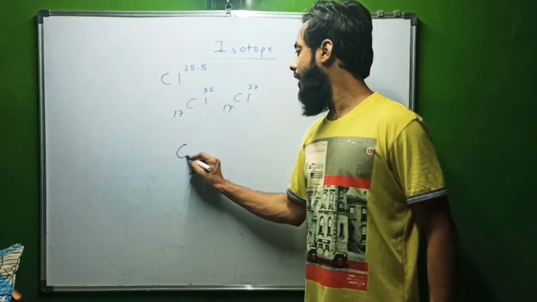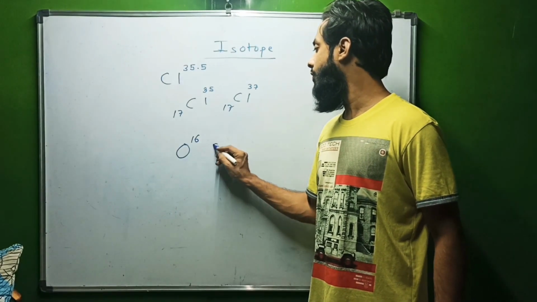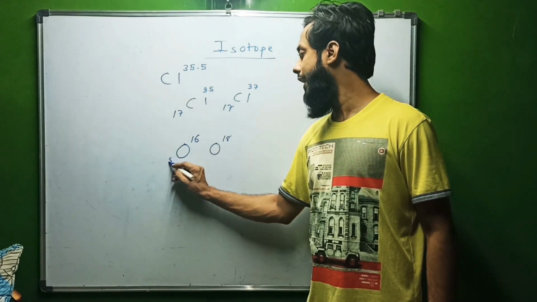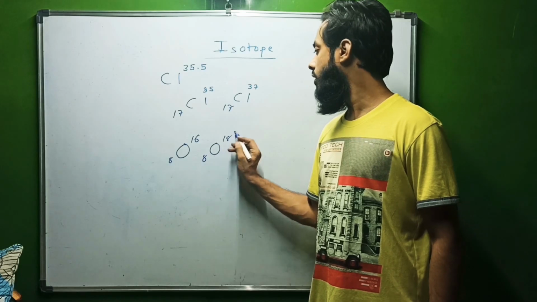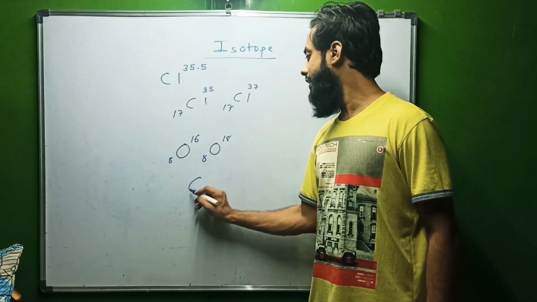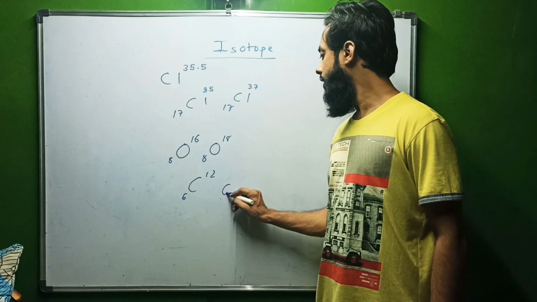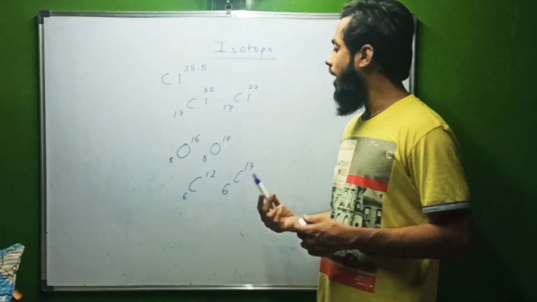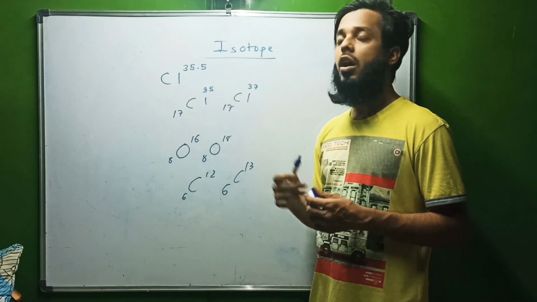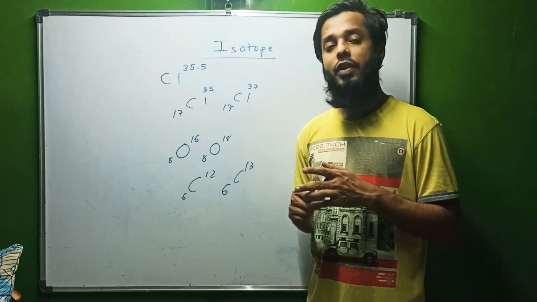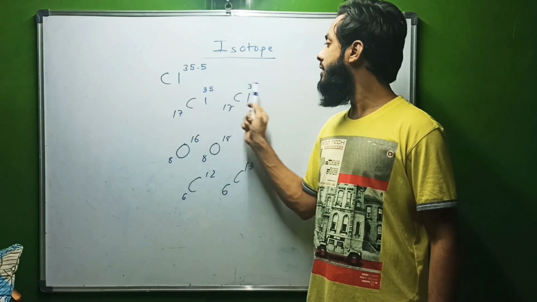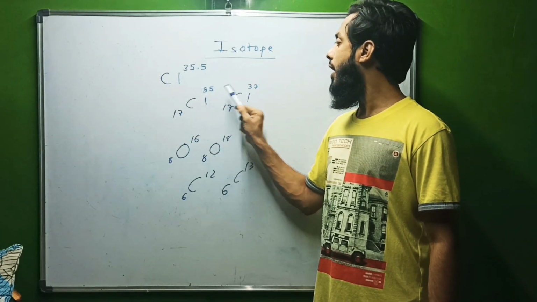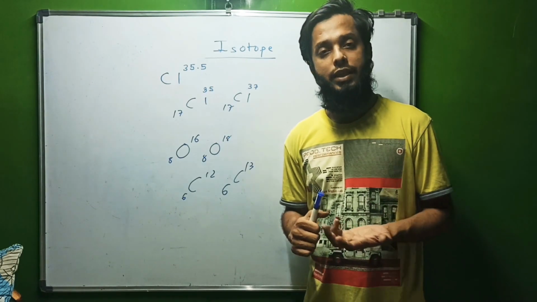And in the same way we have oxygen 16, oxygen 18, like we have written 8O16, 8O18, then we have C12, then we have C13, C14. So these are called isotopes. In the next chapter we're going to talk about how they have different numbers of neutrons. But you can just see that 35 and 37 both exist.